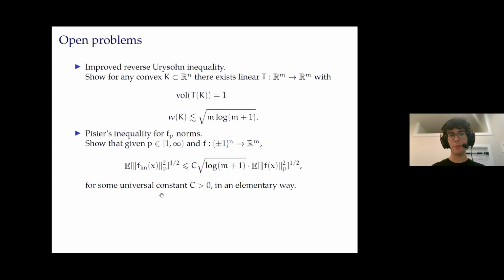So if the norm satisfies that, then it should have an improved square root log m upper bound. And the only proof I have seen of this is in Pisier's original paper, and he used a lot of complex analysis. So it's a little complicated for us computer scientists to understand what's happening there. We thought about this for some time, and we don't know how to use elementary strategies to get this improved bound either. And that's all I had.